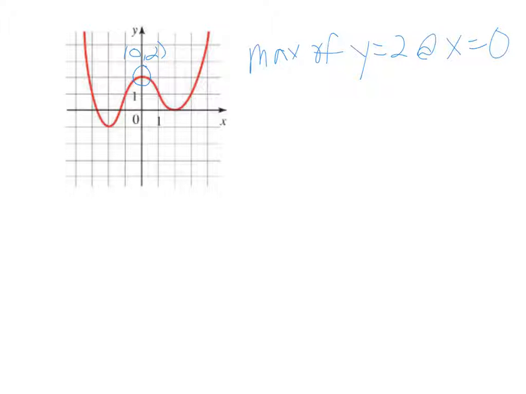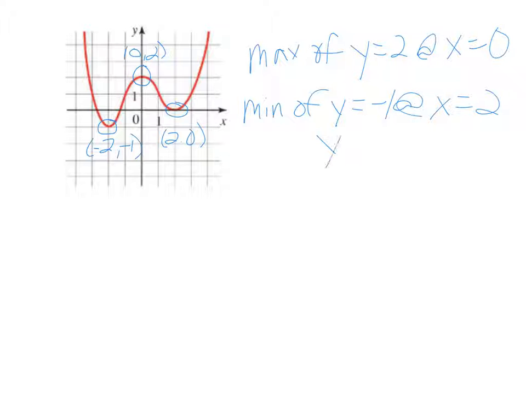Then there are two minimums. One right here, that point is at -2, -1. And then one here, that point is at 2, 0. So you would write minimum of y equals -1 at x equals -2. Then the second one, y equals 0 at x equals 2.